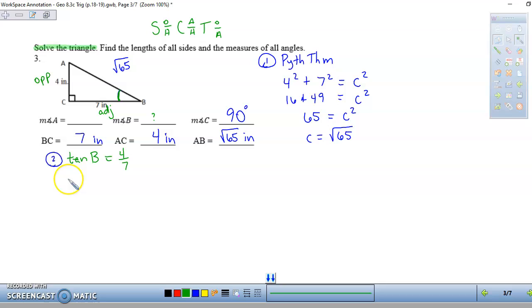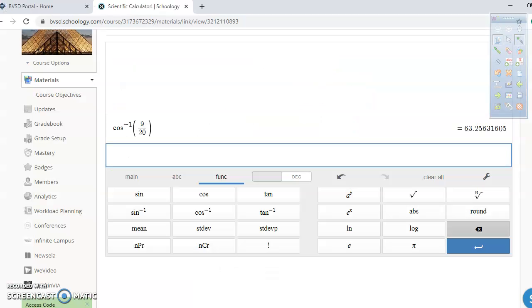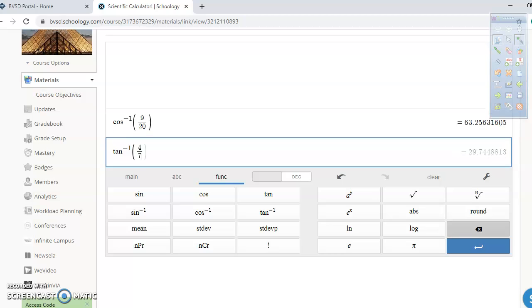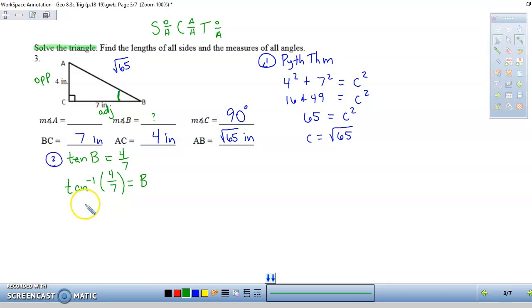Again, I can't put that in my calculator, so I'm going to do inverse tangent of the fraction, and that will be equal to B. Okay, so I go over to my calculator, 4 divided by 7, and I do inverse tangent, and I get out an answer rounding up to 30 degrees. So I know that B equals 30 degrees, and I can write that here.